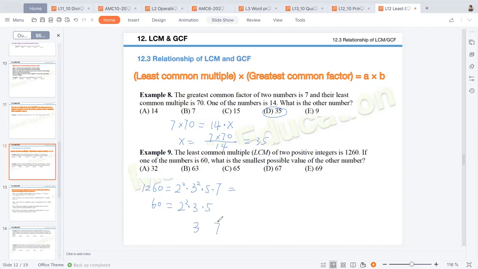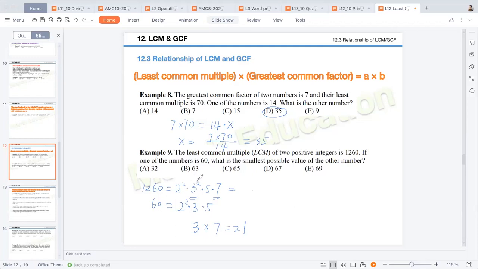And 60 equals 2 squared times 3 times 5. Now, I know I still need a 3 and a 7. But can this number equal 21? No, this number must be greater than this one. Because if our other number is 21, there is only one 3.